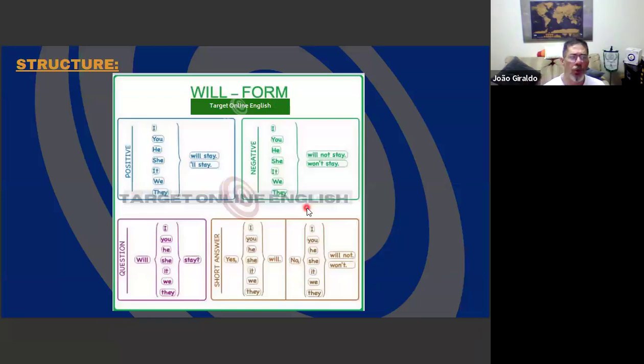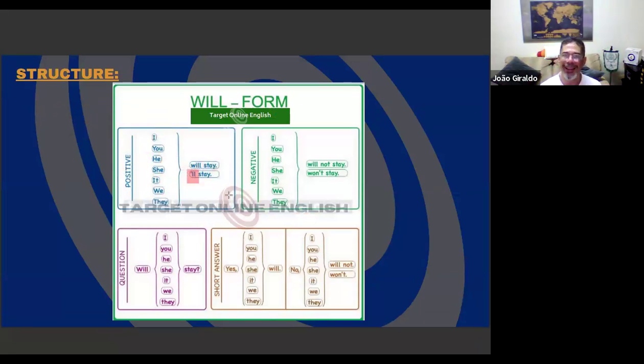We have a typical structure, okay? Like I just told you, in positive or affirmative sentence, you have the subject of your sentence, will, that is the indication of future, and the verb. Another form of indicating this future, in contracted form, affirmative, is to only put the apostrophe LL, that is the contraction of I will or I'll stay.